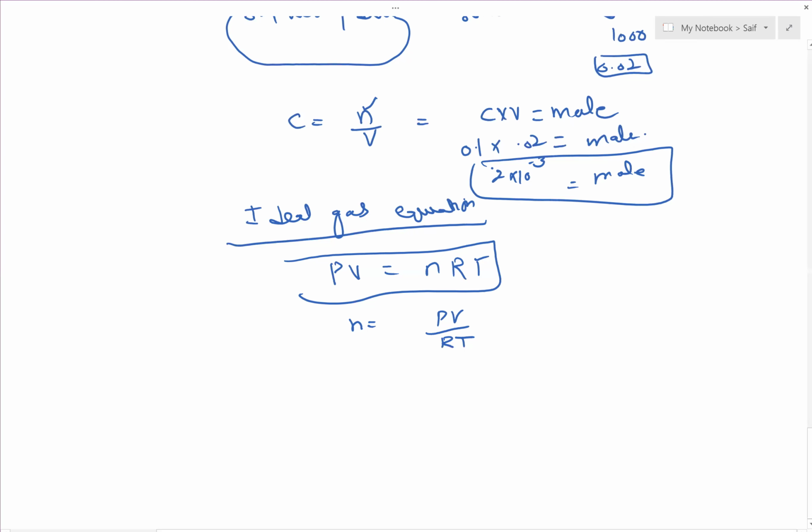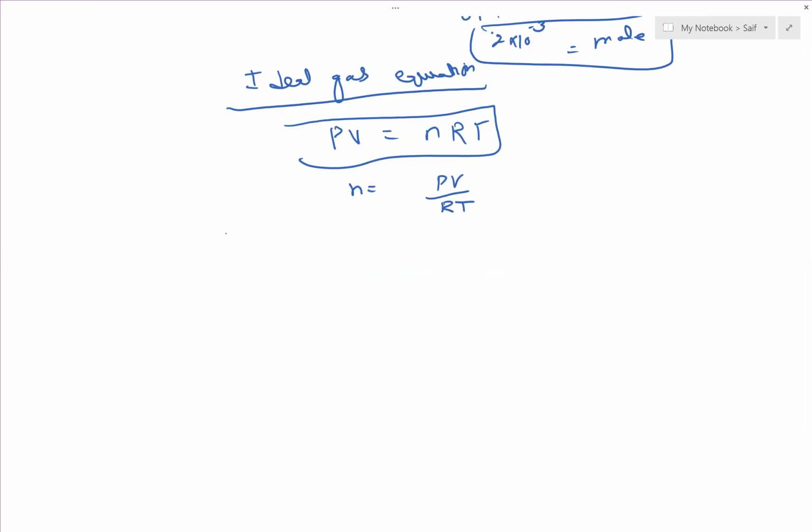Okay. So now over here, 2, 3 values you have to learn. Keep it in mind that whenever you will be calculating, the pressure which you will be taking will be in Pascal. Okay, 1 atmospheric pressure is equal to 101,000 Pascal or 760 mm of Hg.